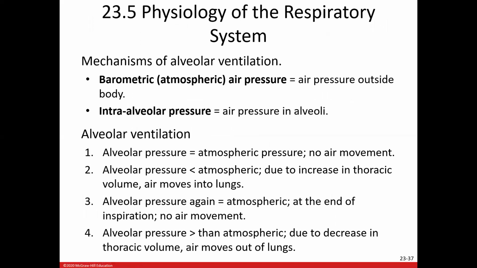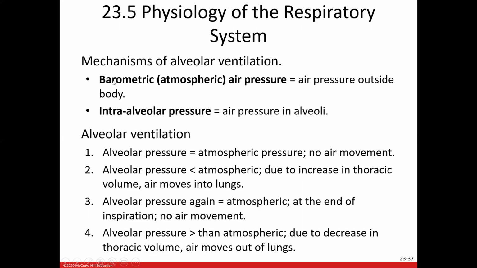So with our alveolar ventilation, I talked about pressure and volume and the relationship between them, and that when we have high pressure in one area, we're going to have low volume in an area. If we have low pressure in an area, we'll have high volume of gas in that area. With that idea in mind, we have two types of pressure we're going to consider.